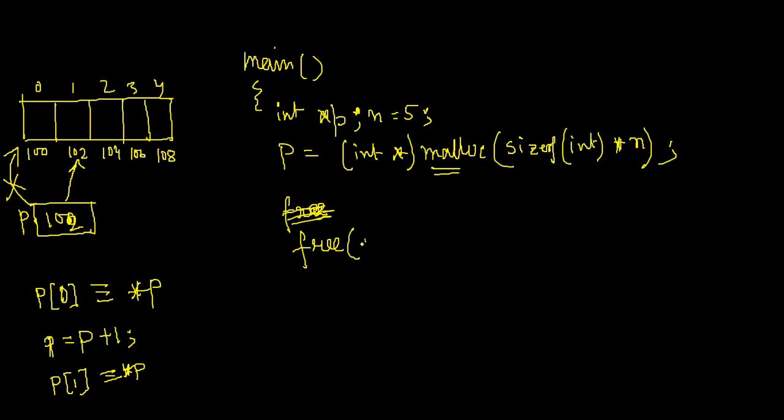If you write free(P), this entire memory location will vanish at runtime, which was not possible in static memory allocation. So free is again an inbuilt function present in C, which takes the pointer that points to that memory address. Here it is pointed to by P.